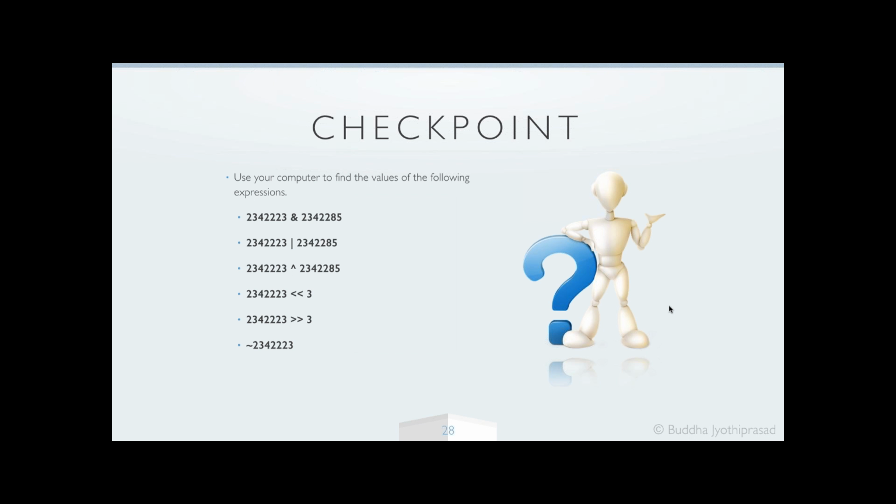Write a small program that tests these expressions and gives a result. For the first one, I'm giving you the answer. First one will be something like this: 2 3 4 2 4 2 3 4. The rest of the things I want you to do.